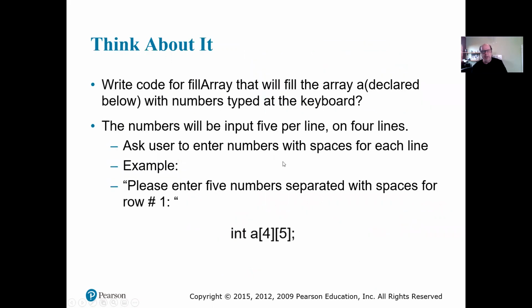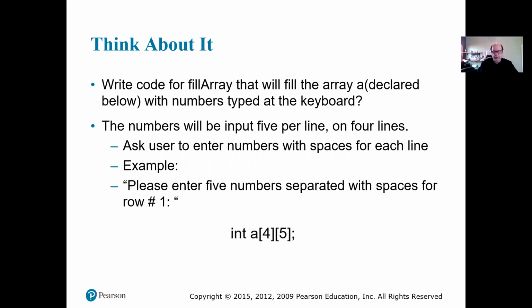So I want to put this up for thinking about what we have been doing. A little piece of code to do this. And this is going to be for fill array. You already have a function for fill array. We want to do it for a two-dimensional one.